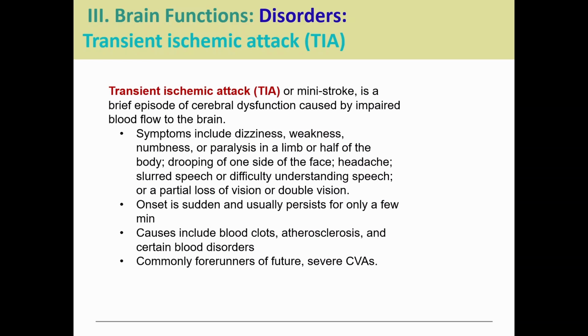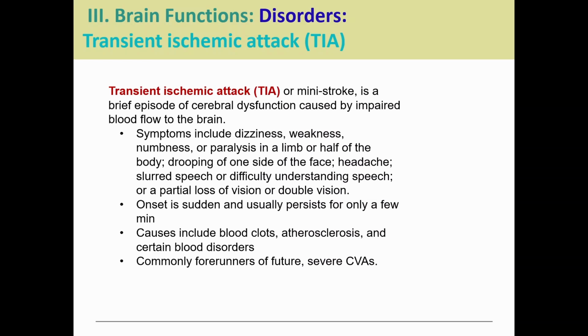Something else that can happen is what's called a transient ischemic attack, or sometimes called a mini stroke. This is because of impaired blood flow, right? So similar cause, so it could be a blood clot, a blood disorder, atherosclerosis, right?